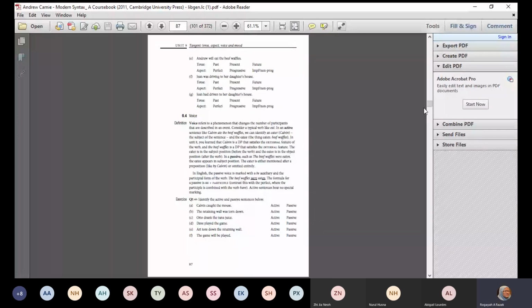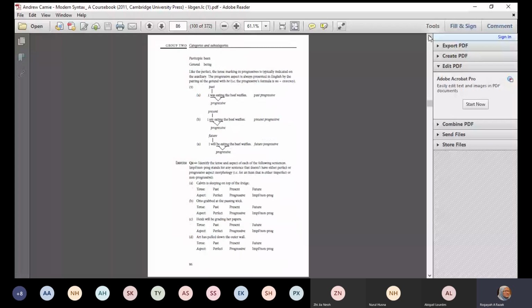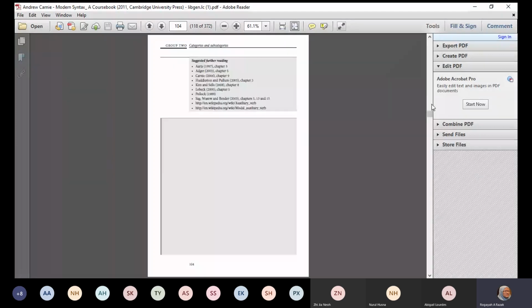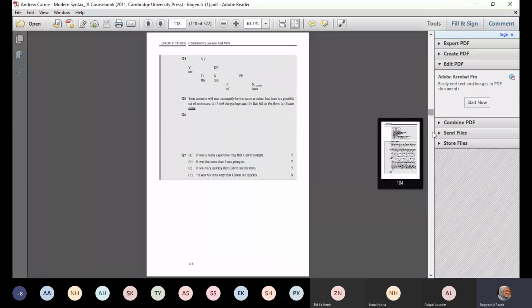So we're supposed to be on page 120. Oh yeah, group 3, constituents, merge, and trees. It should be further down. 120.